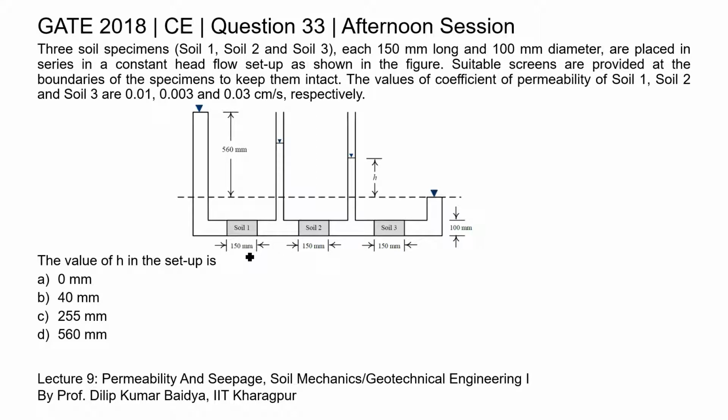Now, if the discharge through soil 1 is Q1, through soil 2 is Q2, through soil 3 is Q3, and the net discharge through all the samples is Q, then Q is equal to Q1, equal to Q2, equal to Q3.